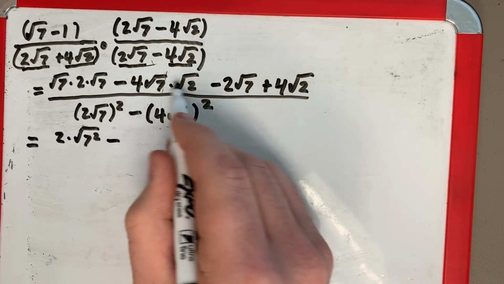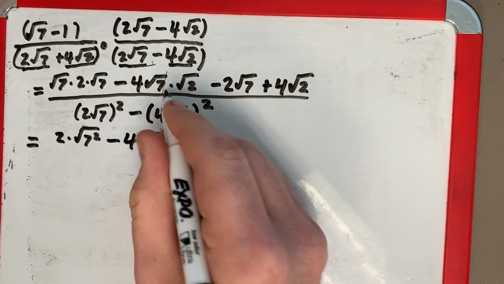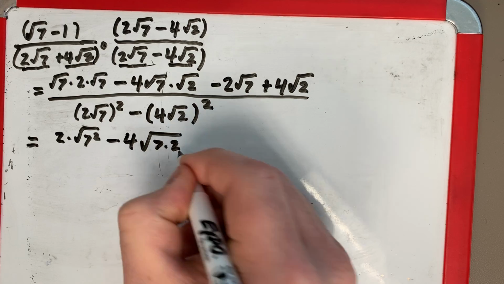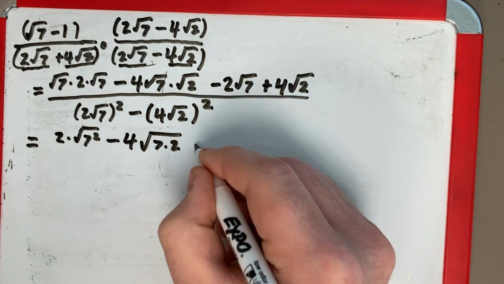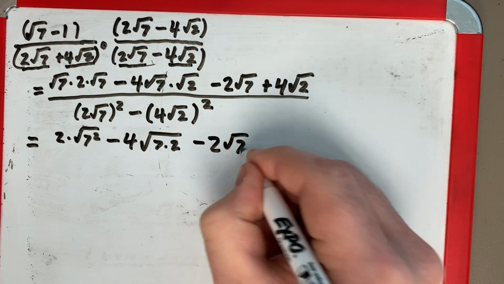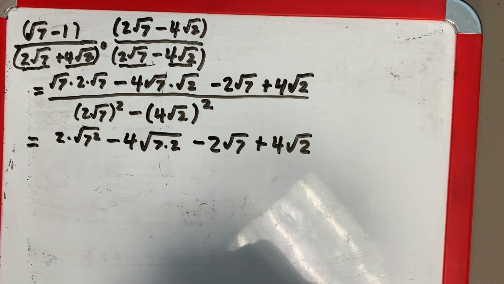Similarly, I do the exact same thing here. So I have minus 4 putting these 2 things inside the same radical, so 7 times 2. Here I don't have any extra radicals, so I'm stuck with 2 root 7 and 4 root 2, just carrying them along for the ride. So that didn't really simplify things too much, unfortunately.